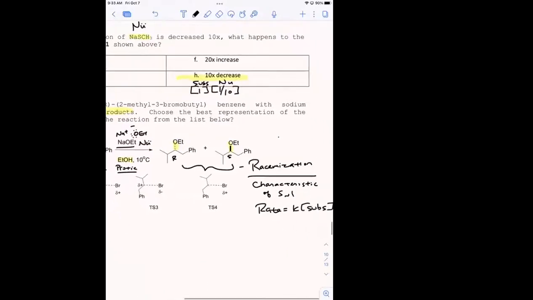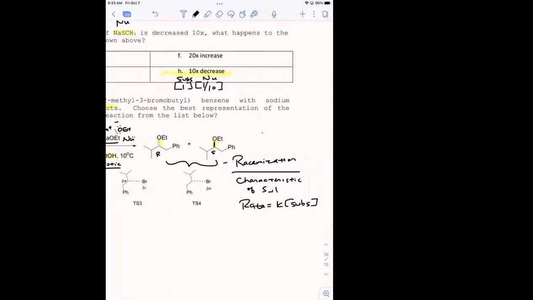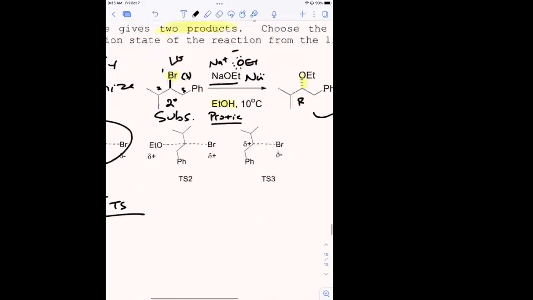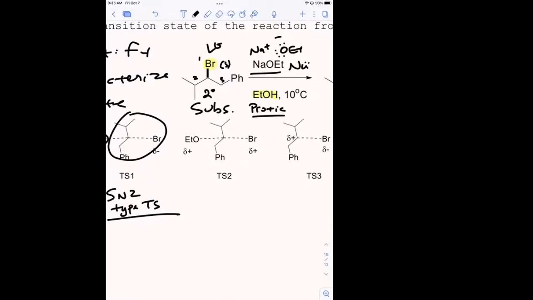SN1, again, I think making those logical connections is going to take time, but if we know the rate law and we know the nucleophile is not involved and we know what the rate determining step is, which we do, it's the loss of leaving group, and the nucleophile doesn't participate in that, it can't be TS1 or TS2. It can't be either one because both of those have a nucleophile involved in the loss of the leaving group.